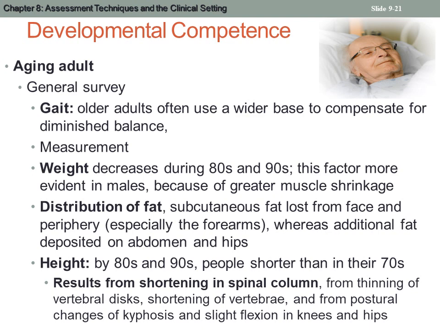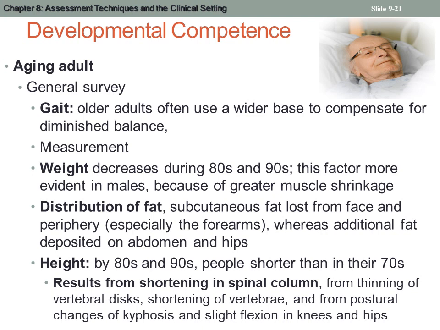But as we look at the person, it looks like their arms have grown long, right? But their arms haven't gotten any longer, because remember, our long bones stop growing at about age 21 or so. It's that the vertebral column shortening and the flexion of the hips and knees has occurred, so it looks like their extremity has grown.